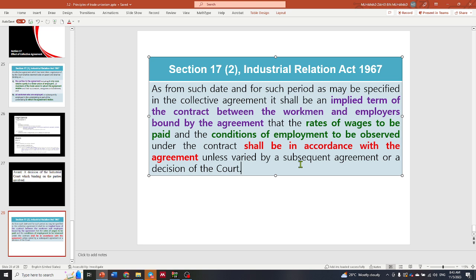Dan sekiranya you ada satu lagi collective agreement yang ditandatangani oleh majikan, pekerja, kesatuan tadi, yang di-award oleh court ni, collective agreement tu menyatakan, okay, on top of 7% increment tadi, you kena ada extra lagi 1% increment sebab you dah dinyatakan dalam collective agreement yang lain ni.